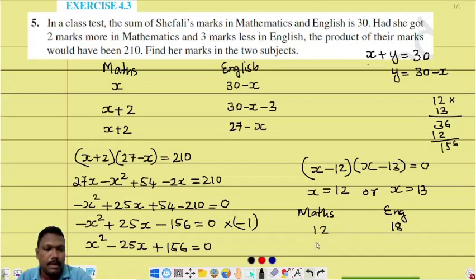Now suppose the mark in maths is 13, English will be 17, because the sum should be 30. So two cases are there. First case, if the maths mark is 12, English mark will be 18, and if the maths mark is 13, English mark will be 17.